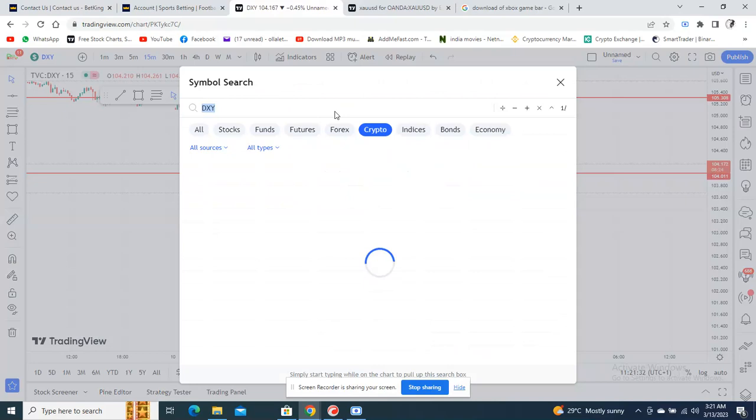So Euro USD, what happened? What normally happens to my network, or is it my system?